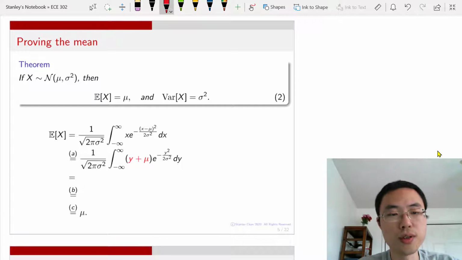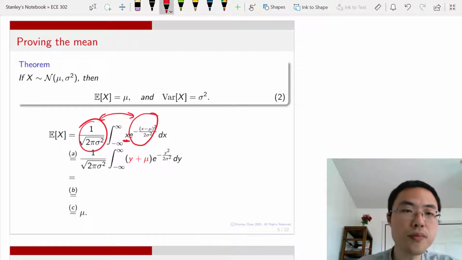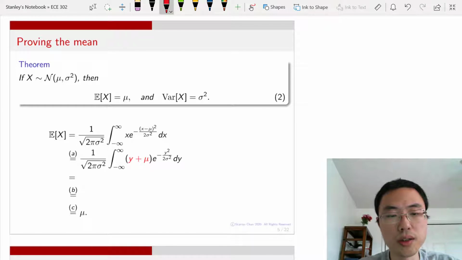According to the definition, it is the integration of x times your PDF. These two together constitute the PDF of your Gaussian random variable. Now, you look at this integration. This is a super complicated integration. It involves x times e to the power of something.